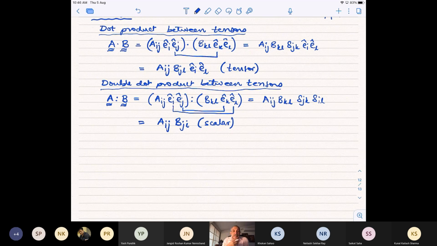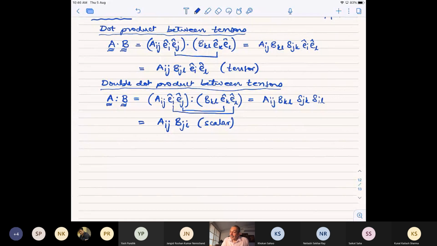Now I've said this in the last class, but let me just say it one more time. The only things that you have to remember: one, whenever you have any dot product or cross product, it is always between the two unit vectors which are closest to that dot or cross. So that is one point. And the second point is, please make sure that all your indices are named in a different way.